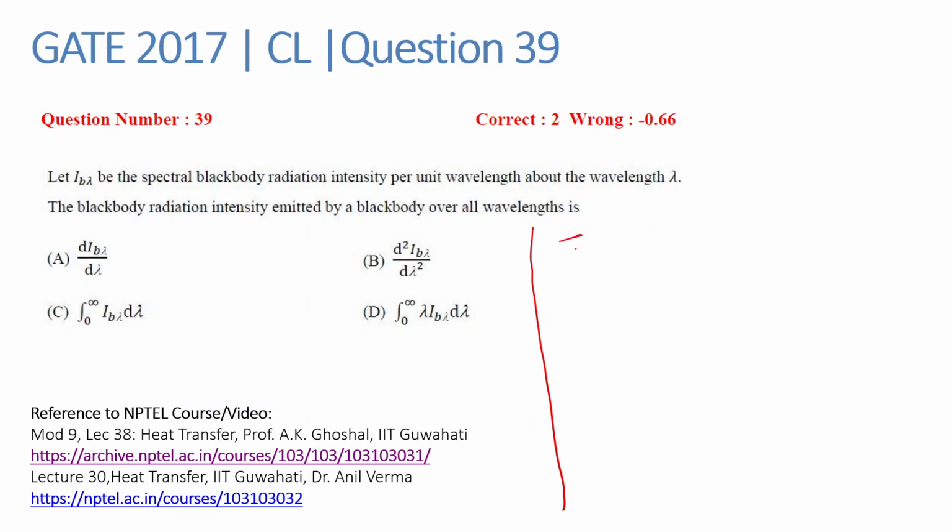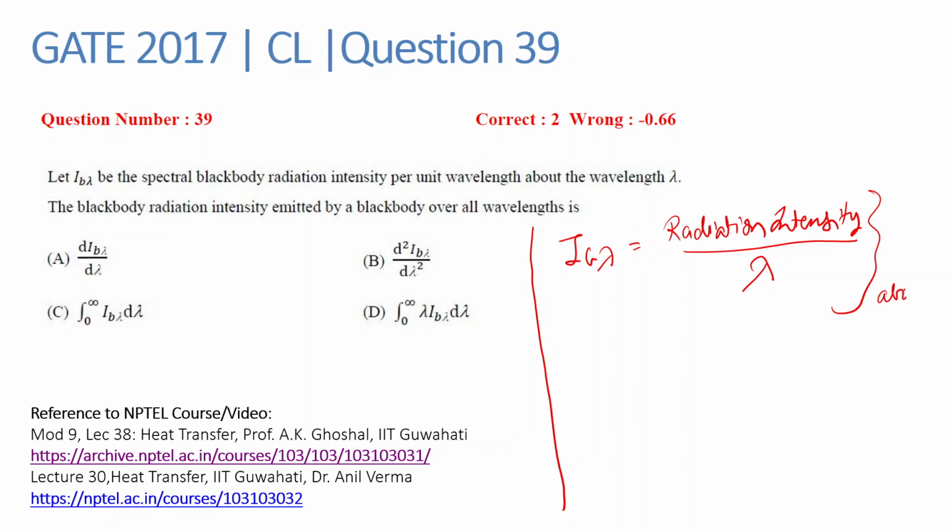So we have been given I_B lambda, that is the blackbody radiation intensity per unit wavelength, about the wavelength lambda.